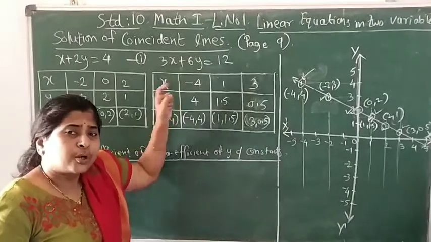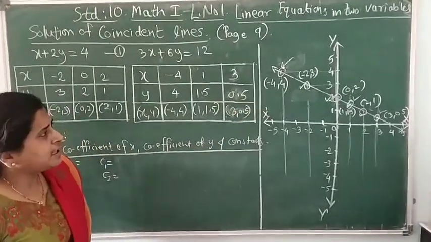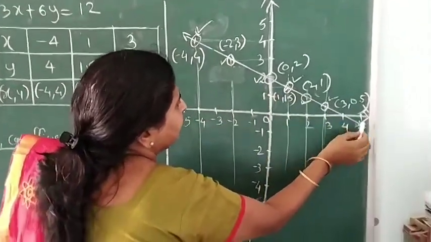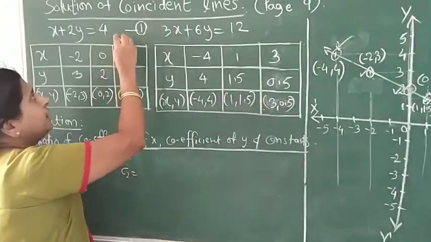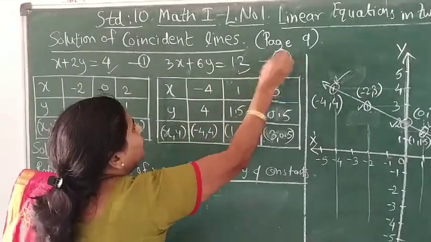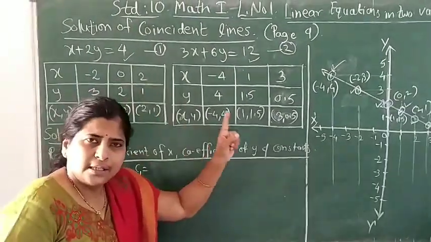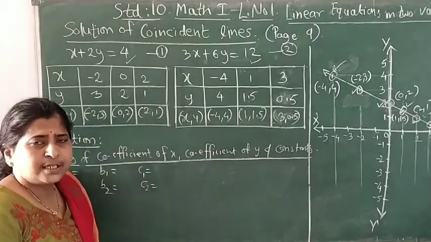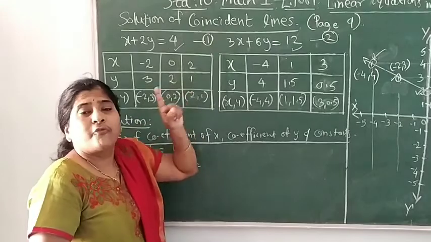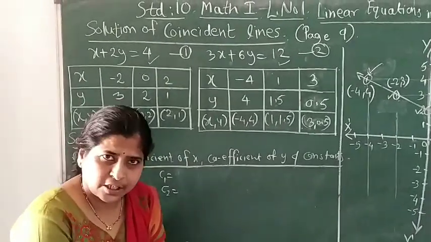In such a case, what will be the solution of these coincident lines? We can understand that each and every point on this line will satisfy both conditions, condition number 1 as well as condition number 2, that is, equations 1 and 2. And a line contains infinite number of points. For coincident lines, we don't have one unique solution as we get for intersecting lines, the intersection point.